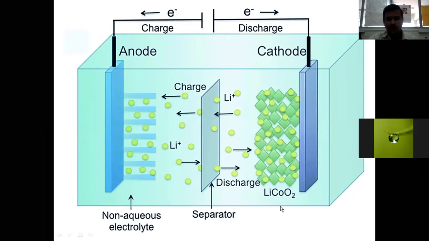There is a component called lithium cobalt dioxide, which is the species we will be using in lithium ion batteries. During the discharge process, lithium is going to be converted into lithium ion. Why will it be converted into lithium ion? Because it is going to undergo oxidation. The lithium present in LiCoO2 is going to undergo oxidation.